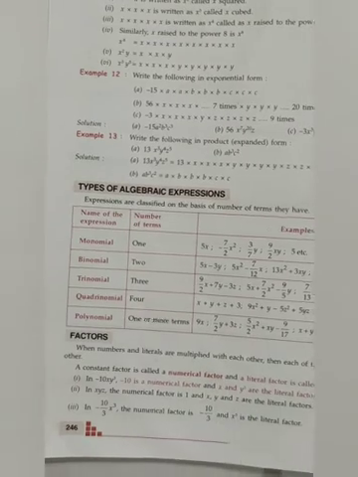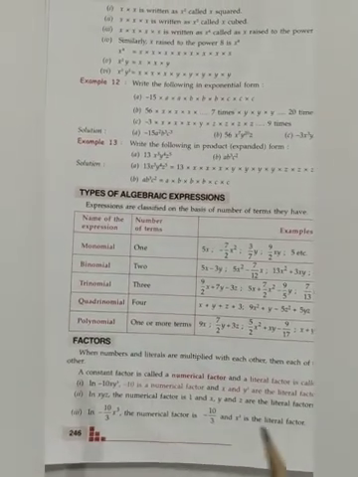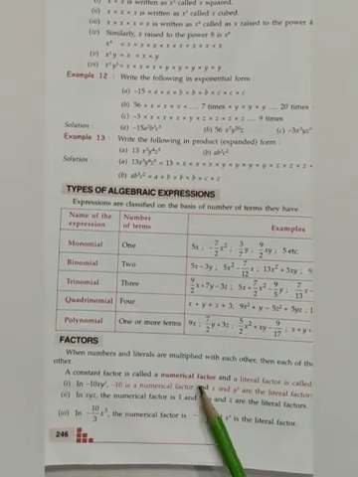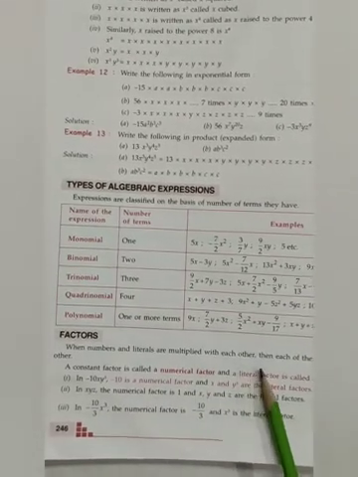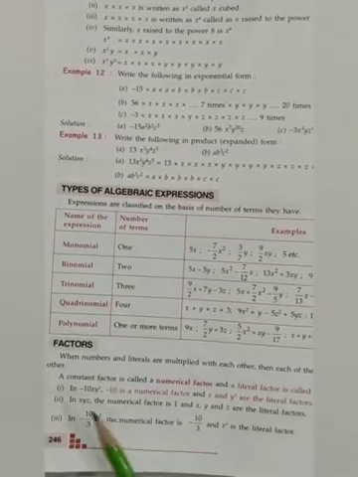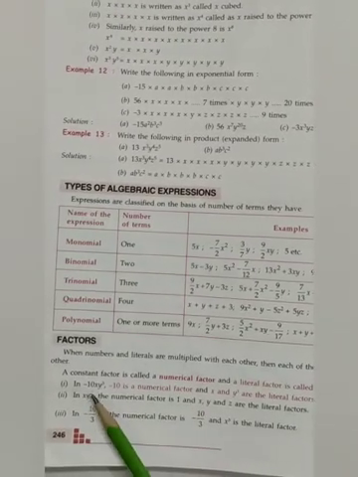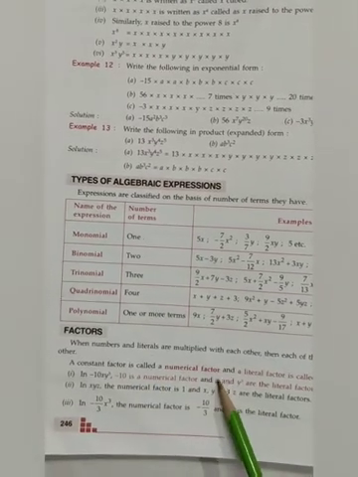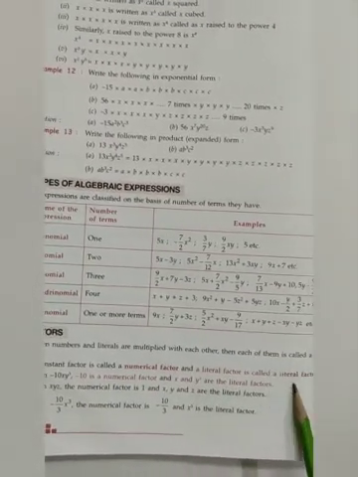Then factors. When numbers and literals are multiplied with each other, then each of them is called a factor of the other. Here you see a constant factor is called a numerical factor and a literal factor is called a literal factor.